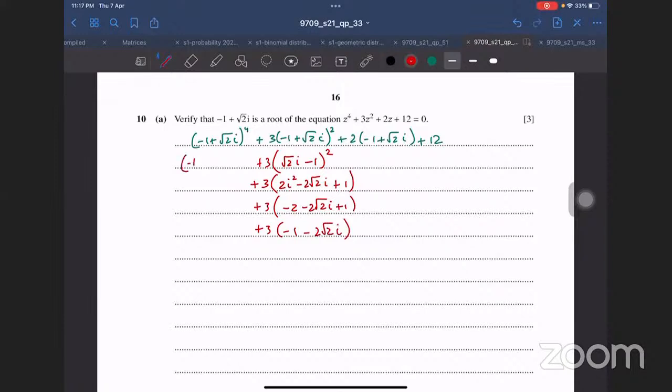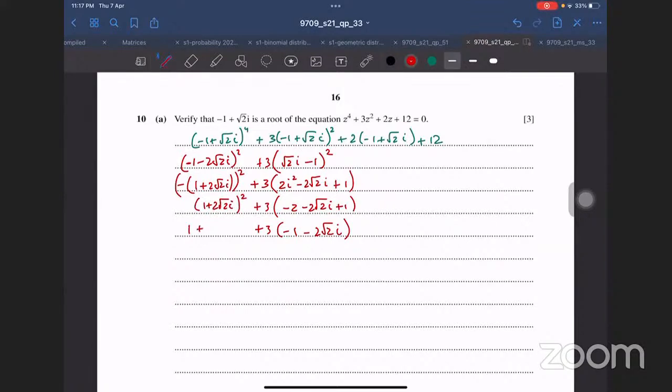So this can become minus 1 minus 2 root 2i all squared. Now I can factor out a minus in this and say that this becomes 1 plus 2 root 2i, and the entire thing squared. Minus gets squared and I'm left with 1 plus 2 root 2i squared.